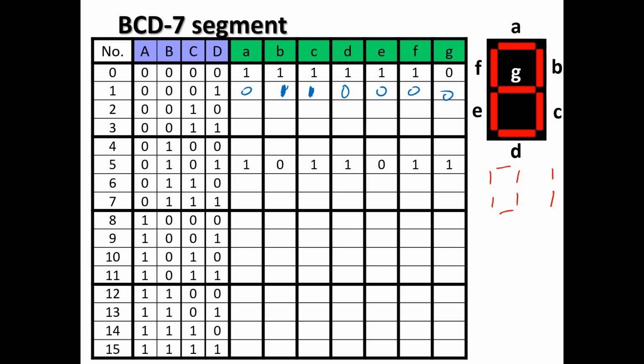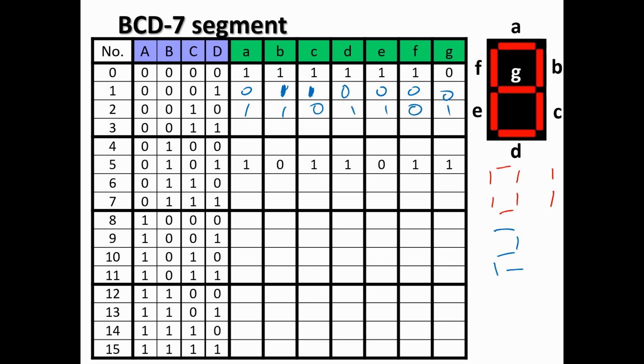Continuing, a 2 would be like this. All of them are on except for the F and the C. So F is 0 and C is 0, and the rest are 1s.